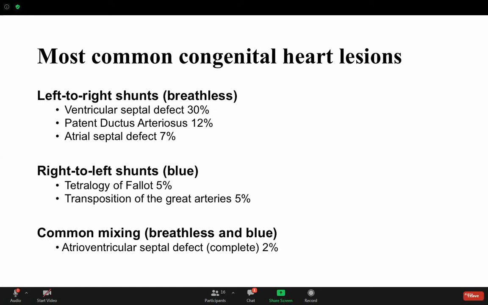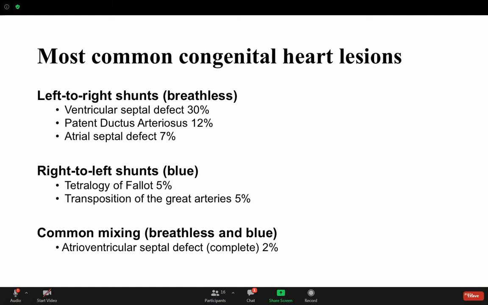One group, we call them a left to right shunt. ببساطة لأنه يصير عندهم defect في الهارت يسمح إنه البلد moves from the left chambers to the right chambers أو from the systemic to the pulmonary circulation. هذه كده نسميها left to right shunt، زي ventricular septal defect, atrial septal defect, patent ductus arteriosus. هذول كلهم presentation حقهم اللي بيصير بالعادة breathless. breathless معناته إنه يجيك الطفل عنده صعوبة في التنفس.